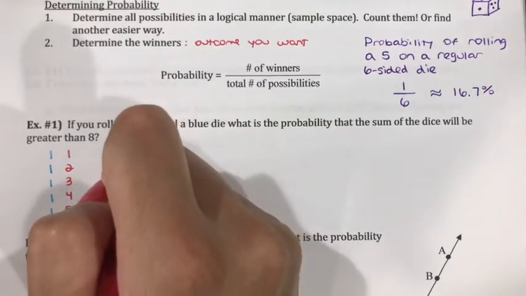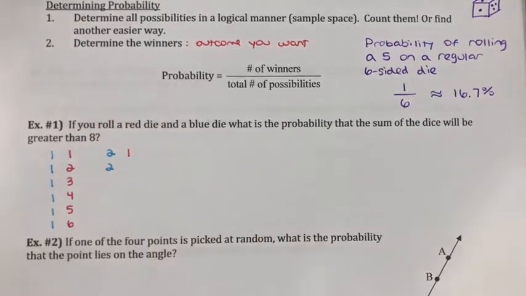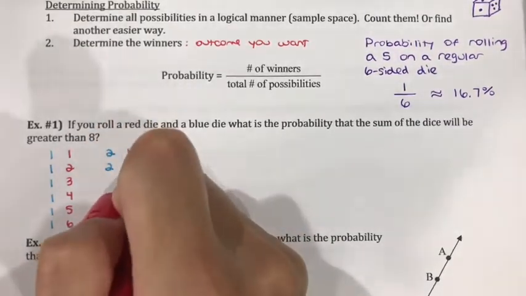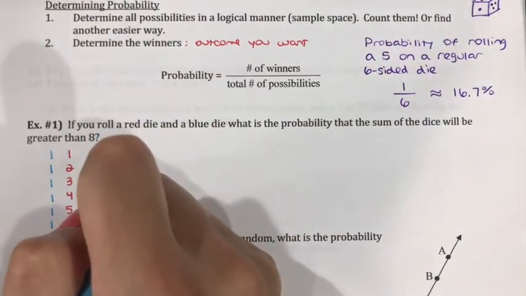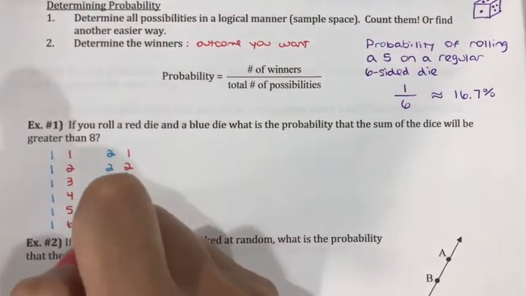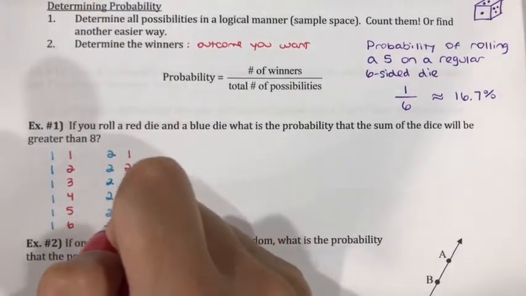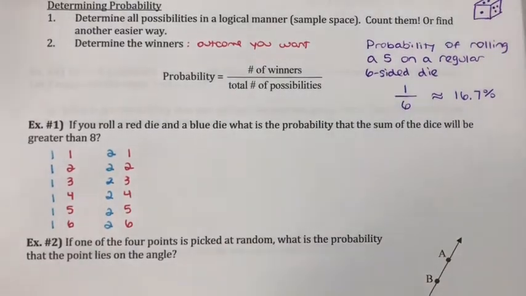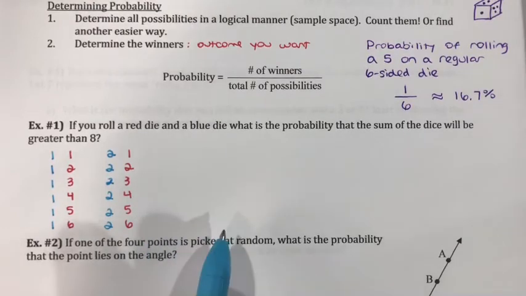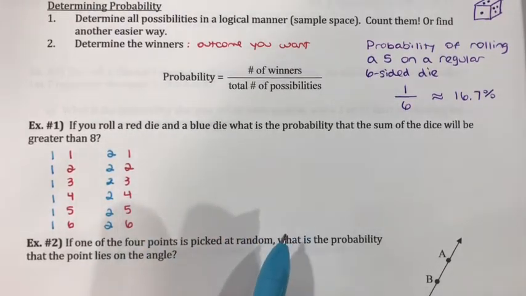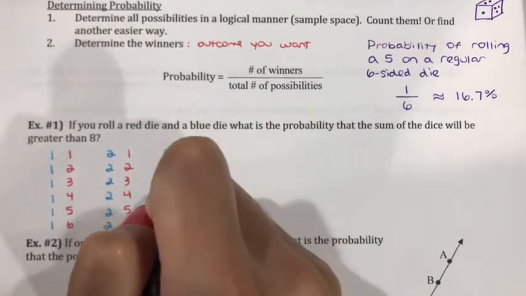I could roll a 1, a 2 and a 2, and so forth. And the same thing if we roll blue 3s, blue 4s, blue 5s, and blue 6s. Okay, so I'm just going to go through now and make all of those possibilities.